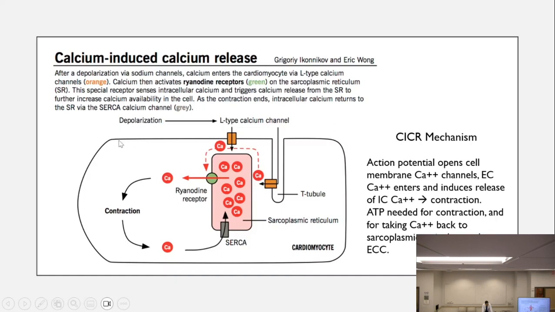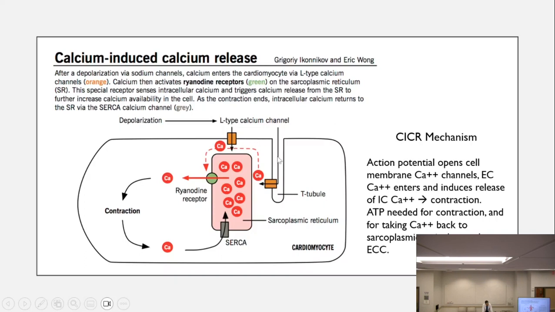Let's imagine this cardiac fiber receives a stimulus from neighboring cardiac conduction cells. There is going to be a depolarization traveling along the sarcolemma. The depolarization will open some calcium channels here in the cell membrane, letting calcium from the extracellular compartment enter inside the cells.